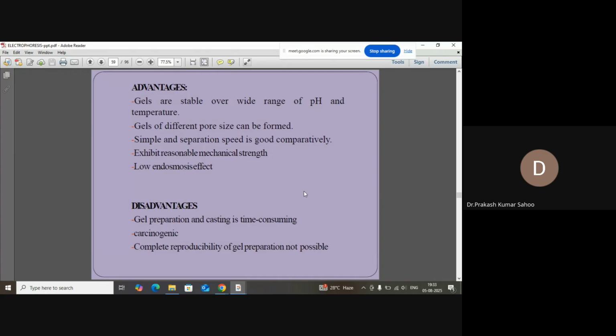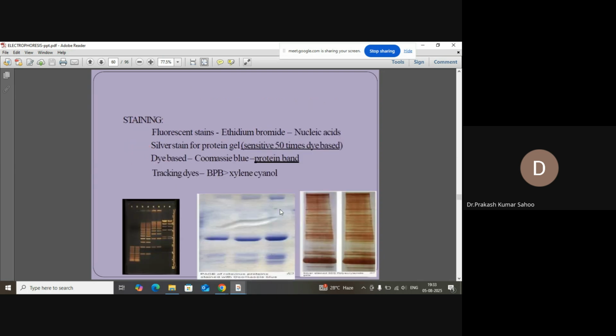They exhibit reasonable mechanical strength and low endoosmosis effect. Gel preparation and casting is time consuming. It is carcinogenic and complete reproducibility of gel preparation is not possible.